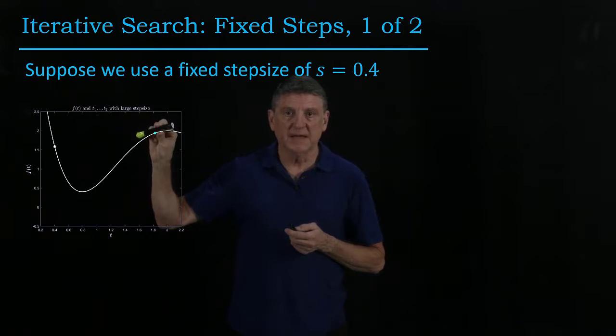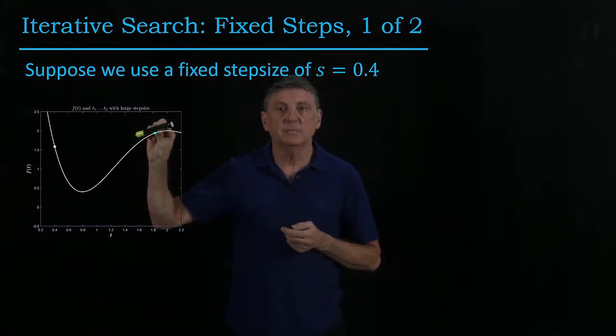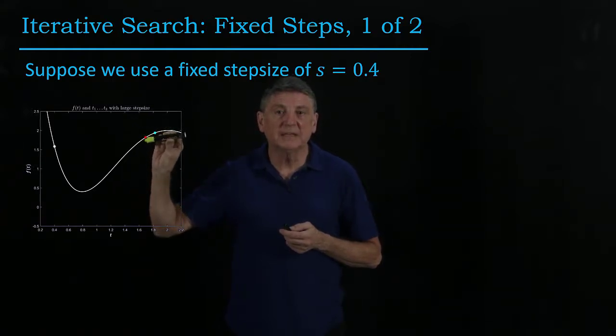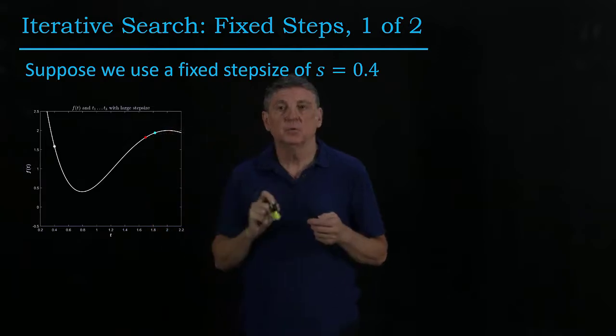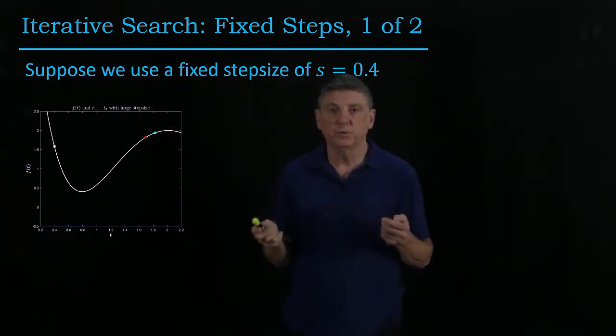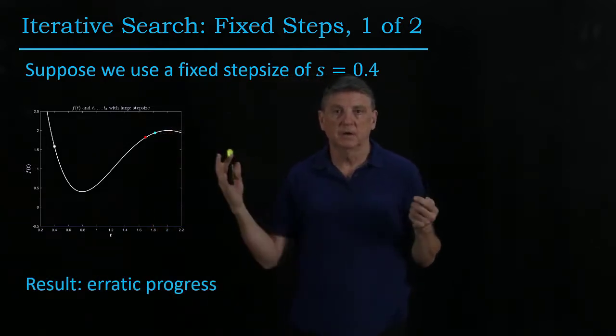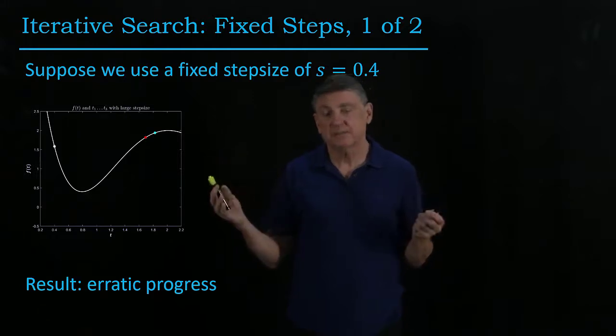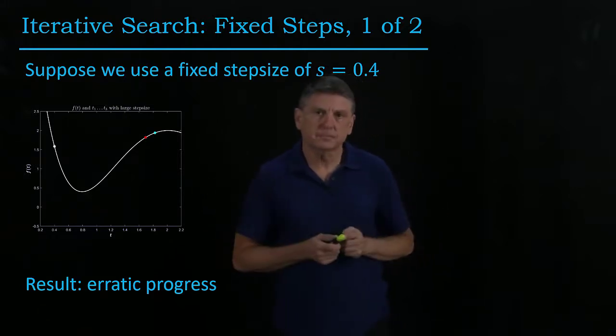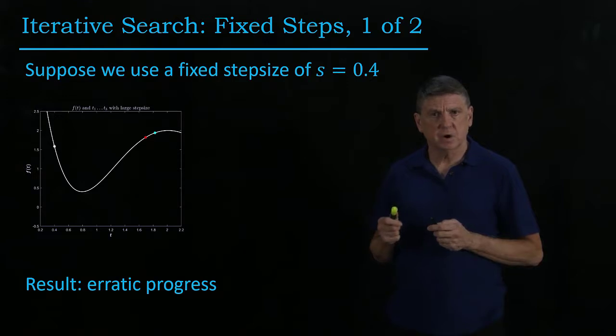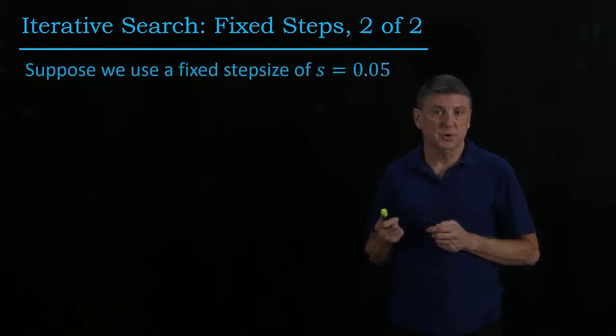We're searching in that direction, but now the magnitude of the derivative is very small, and so the resulting step will just be a little wee step here. So we can get some very poor behavior out of a fixed step size if the step size is too large. Now, let's try making the step size small.